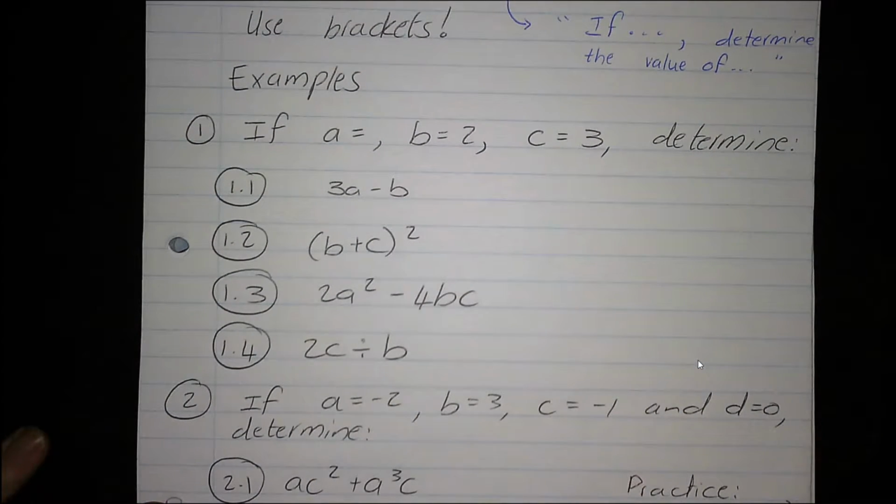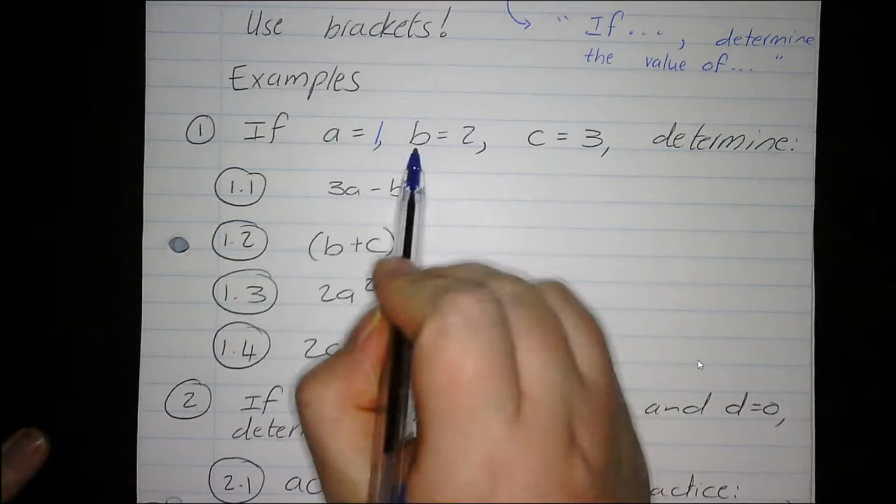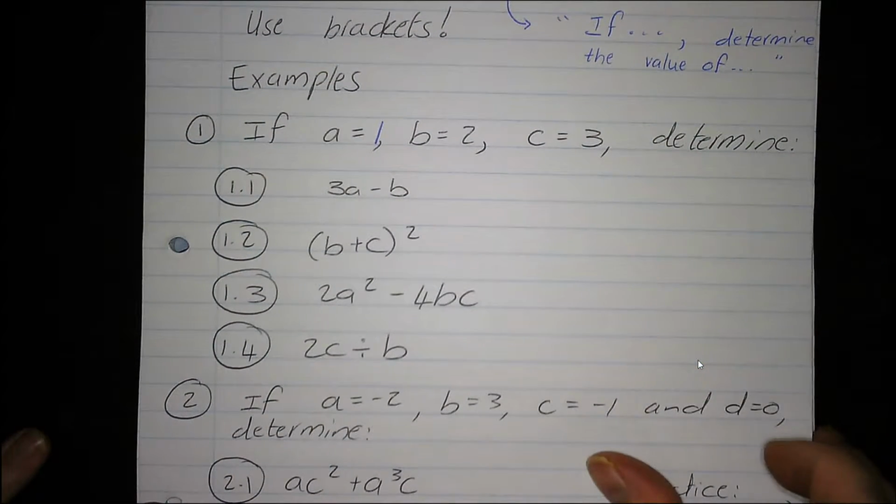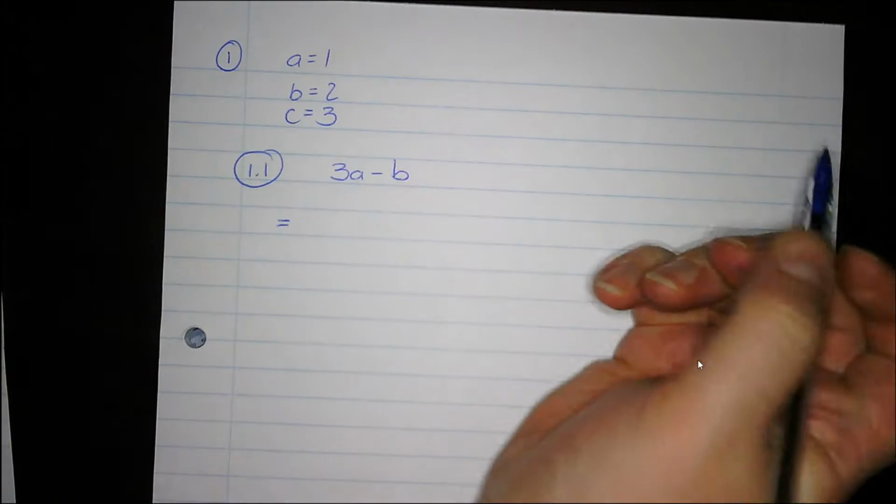If A is equal to 1, B is equal to 2, and C is equal to 3. For question 1, the first question that I have is 3A minus B. Now, this is what I mean with using brackets.